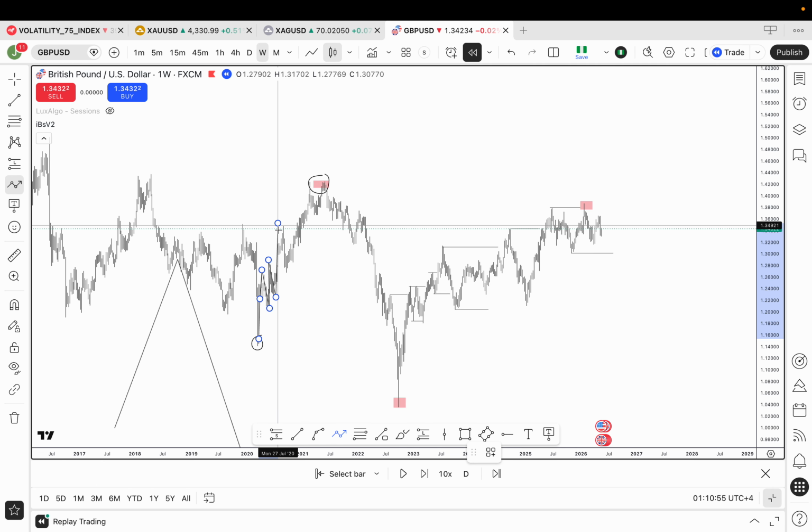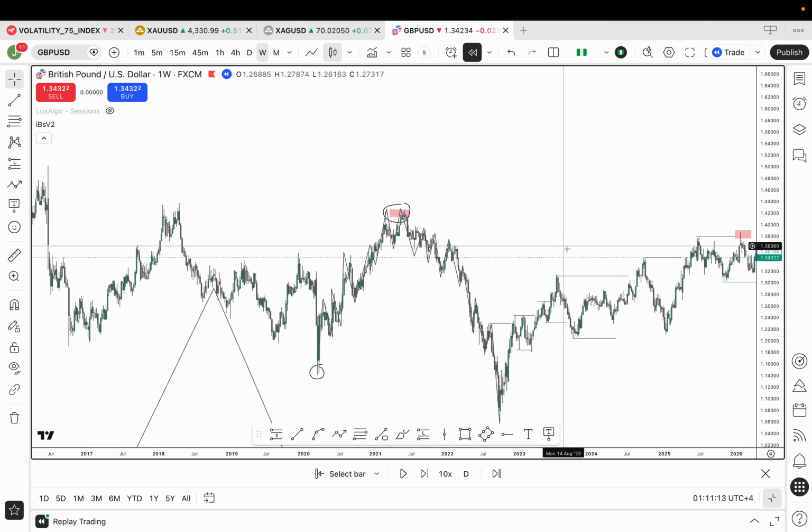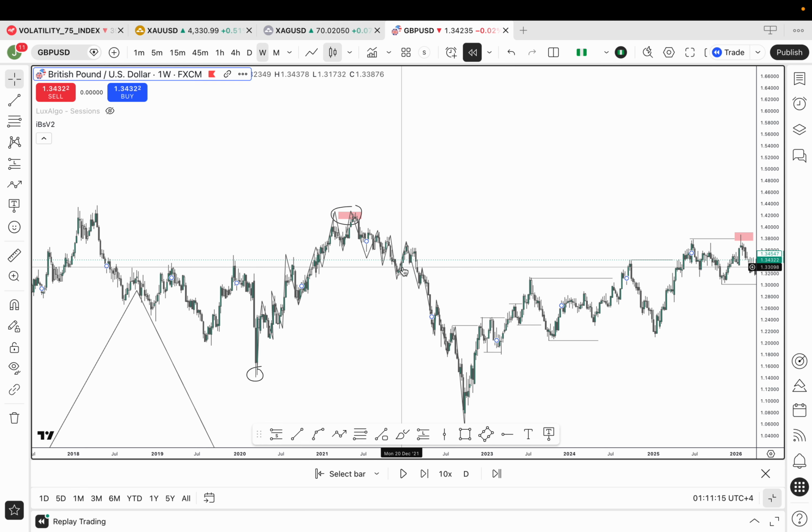So this is how the market moves. So if you are able to draw this like this, then it will be easy for you to draw your break of structure.